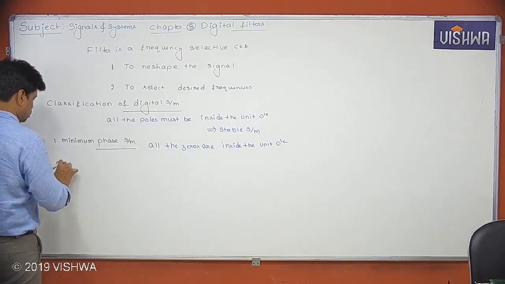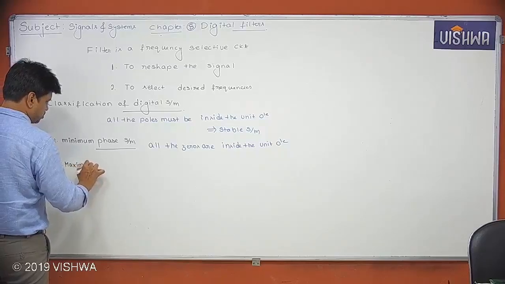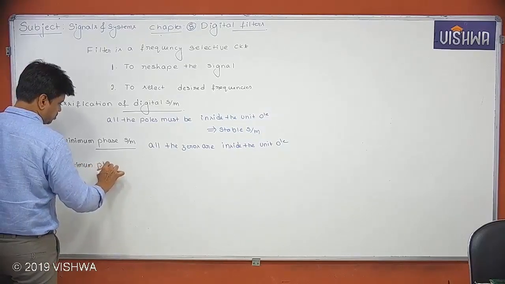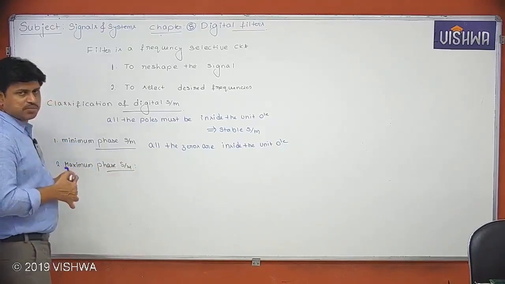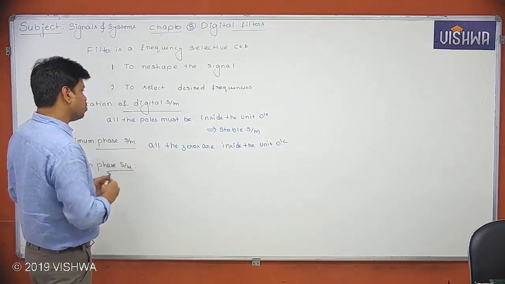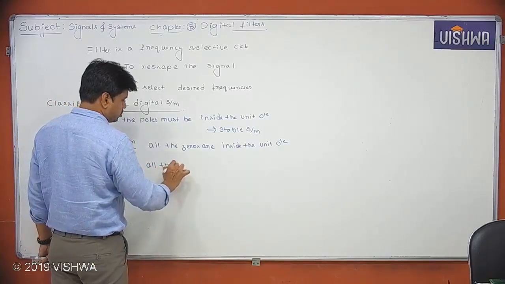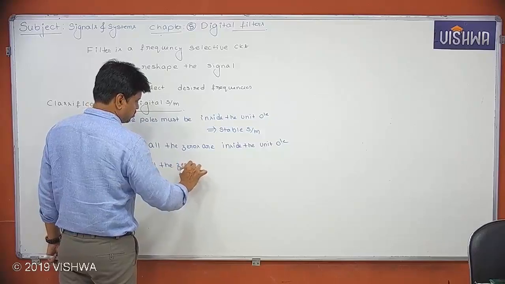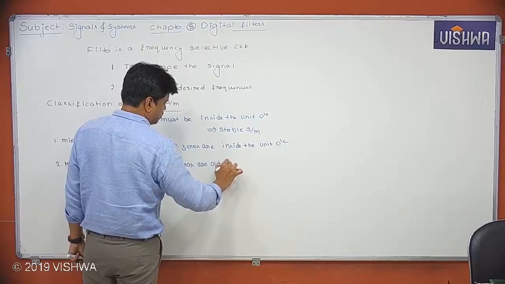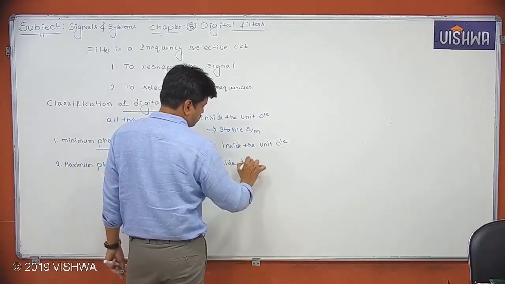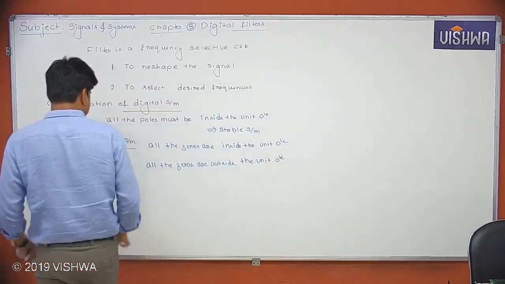Second one, maximum phase system. For a maximum phase system, all the zeros are outside the unit circle.